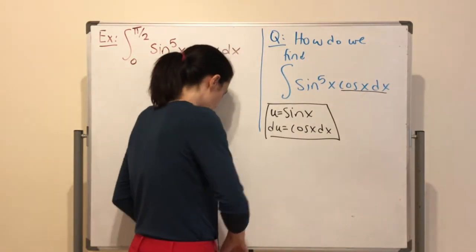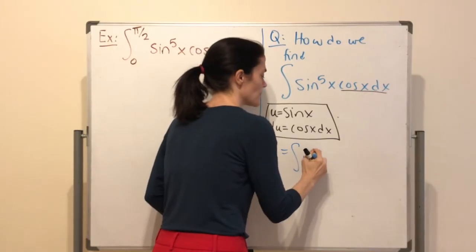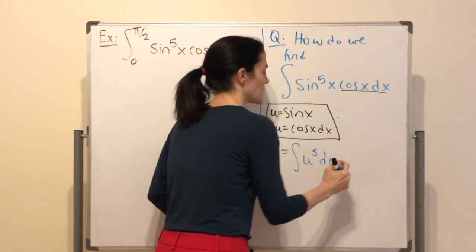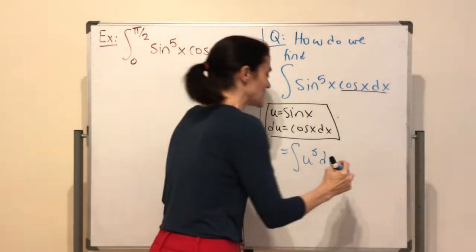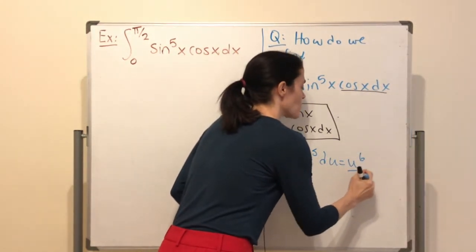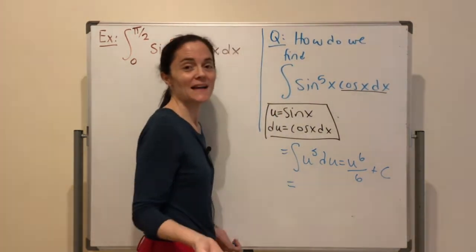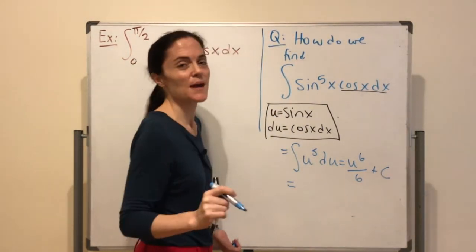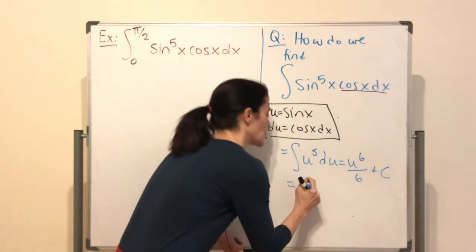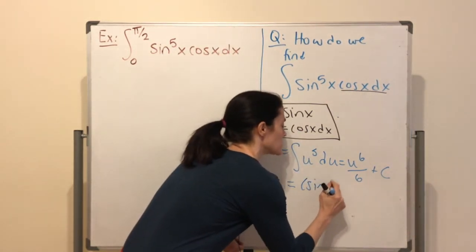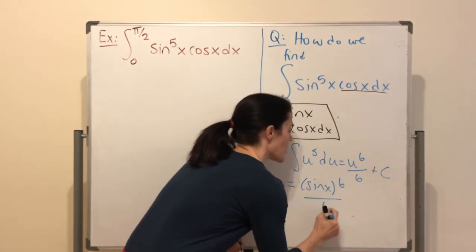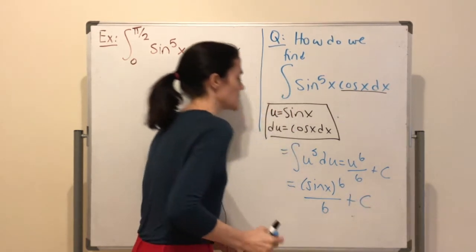This becomes the integral of u to the 5th du, and then we integrate with respect to u to get u to the 6th over 6 plus c. Finally, we go back to x, and the last step is composition. We get sine x to the 6th power over 6 plus c.